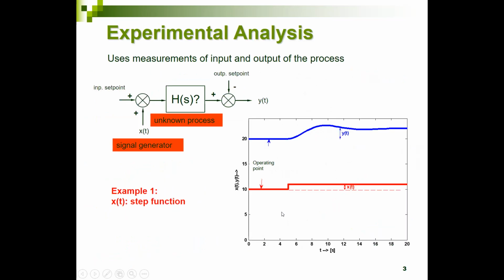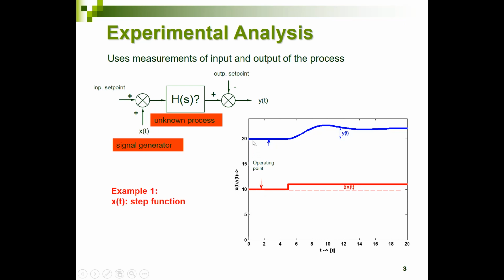All right, so let's look at the types of model analysis which we can use for experimental analysis. The first example is using a step function. Suppose we have a system over here and we don't know what's in it. We don't know how the system behaves. What you could do is bring the system into an operating point over here by setting an input set point to the signal and looking at the output. For instance, over here, this is my operating point.